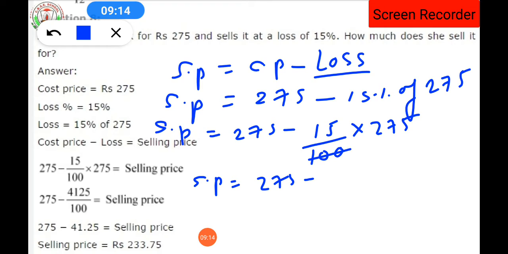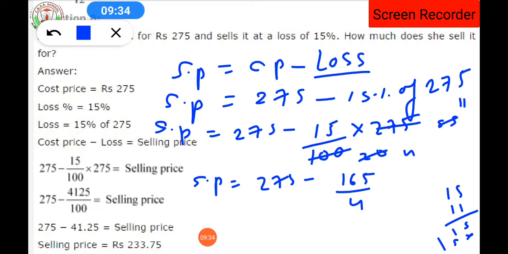So here we can cancel: 20 and 20, here it will be 55, again it will be 4, here it will be 11. Now 15 into 11, so 15 into 11 is 165, isn't it? So 165 upon 4. This will be the answer.